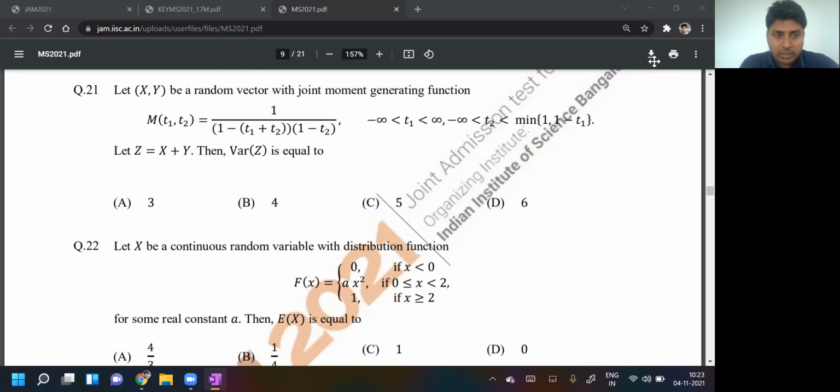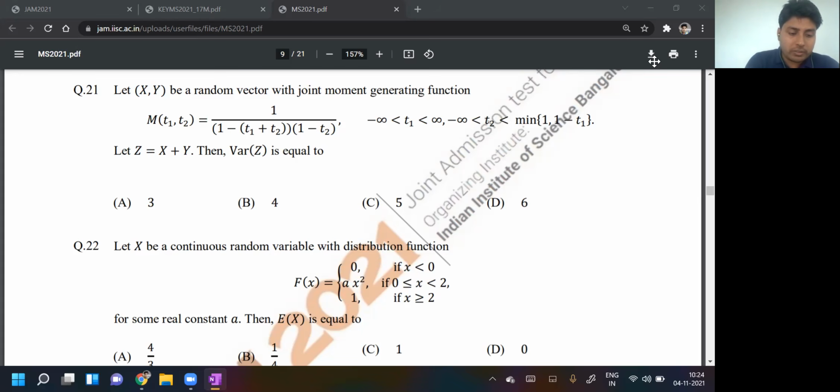If we differentiate M with respect to T2 and put T1, T2 both 0, we get E[Y]. And if we differentiate M once with respect to T1 and once with respect to T2 simultaneously, we get E[XY].